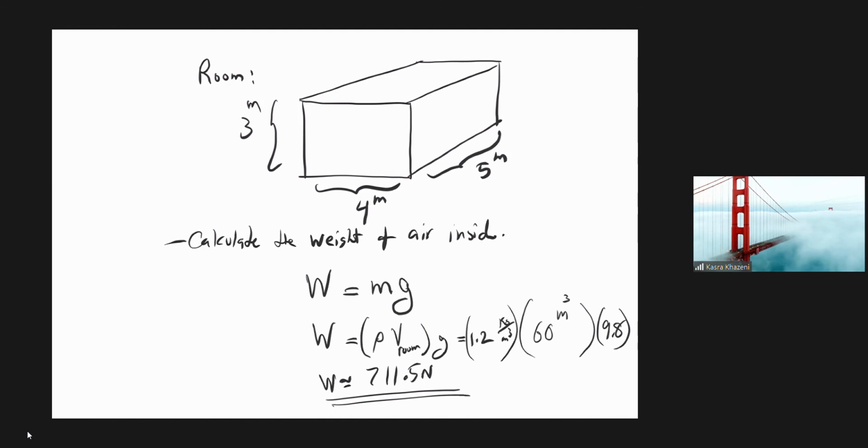It is the weight of a pretty good sized human being. And you wouldn't think that because air is so airy. So the mass of the air inside your typical room is roughly the size of a good sized human being.